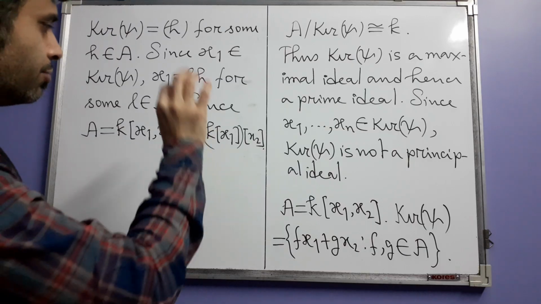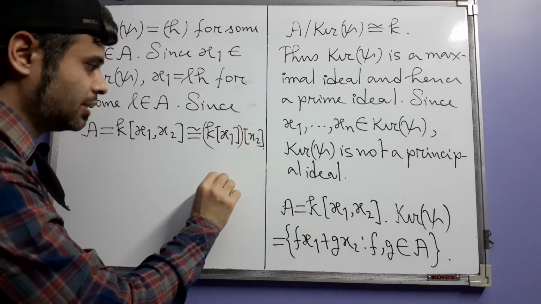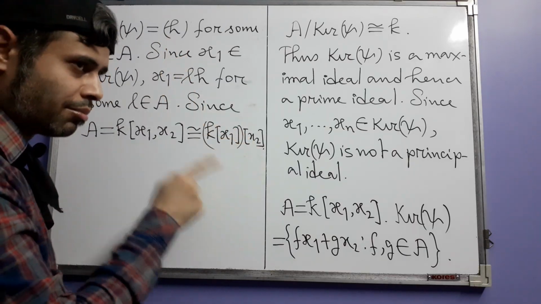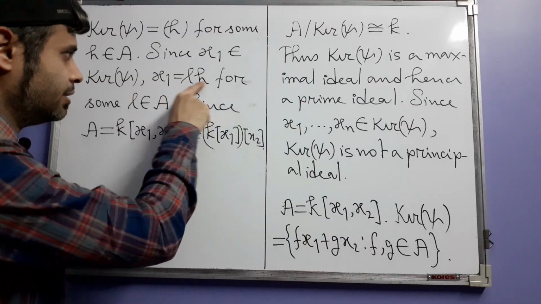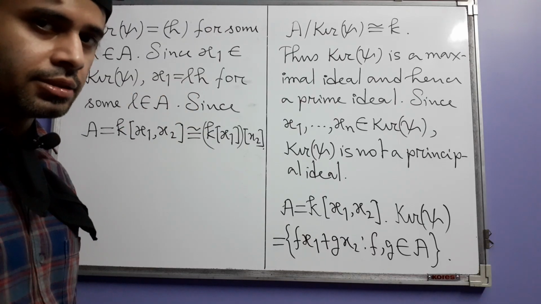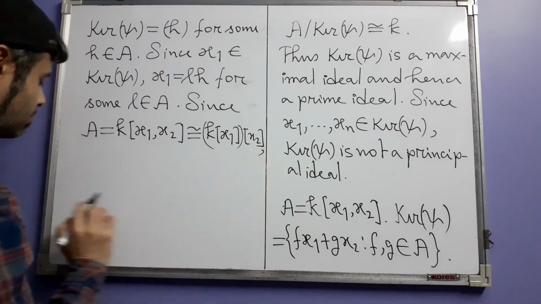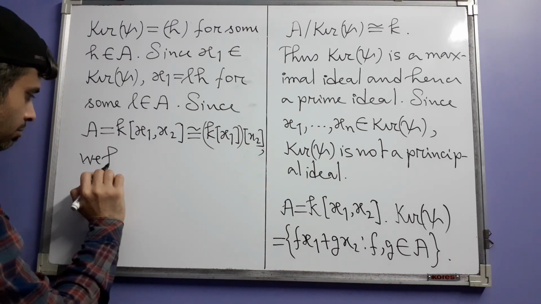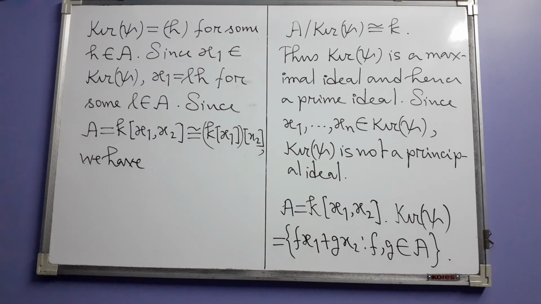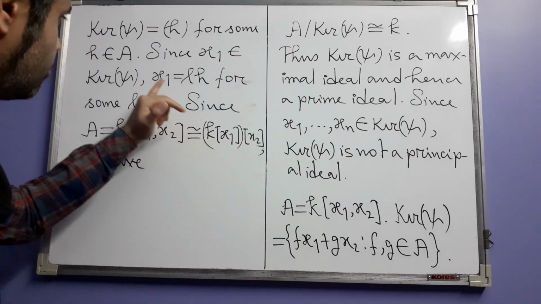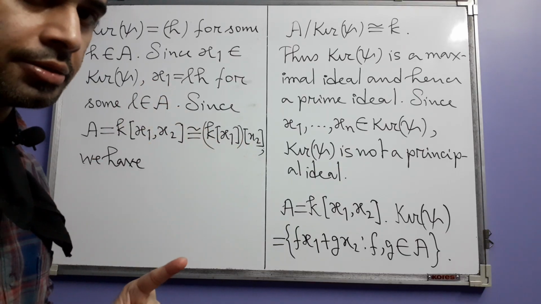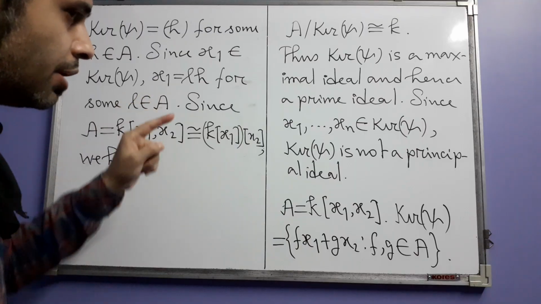And with that idea in mind, we apply the degree formula to both sides, what shall we get? As a polynomial in x2, x1 is constant, so its degree will be 0.